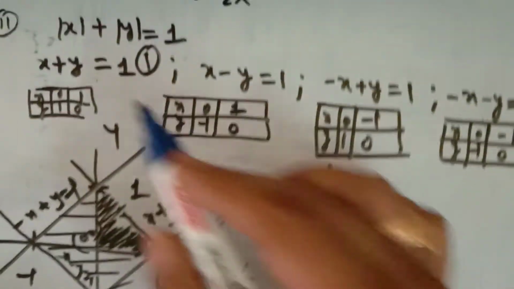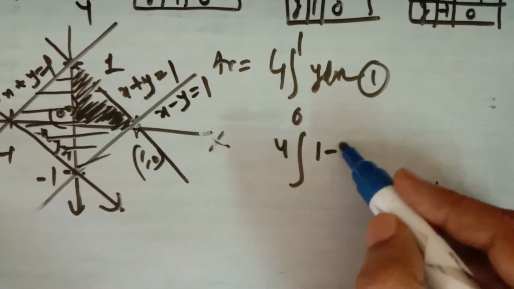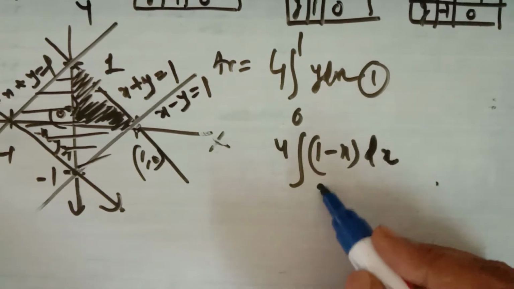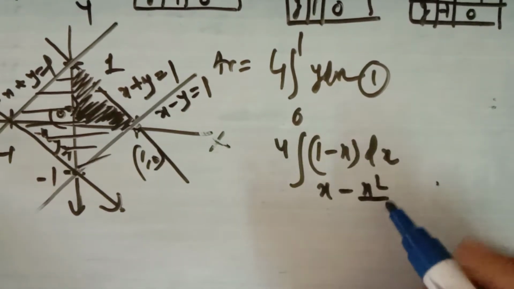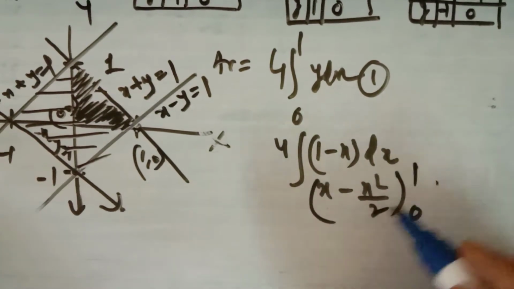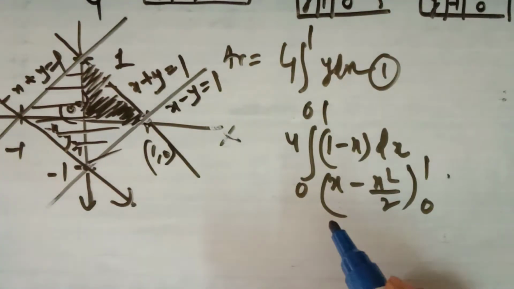So y is 1 minus x. So here you put the value of y as 1 minus x, integrate it, with lower limit 0 and upper limit 1.